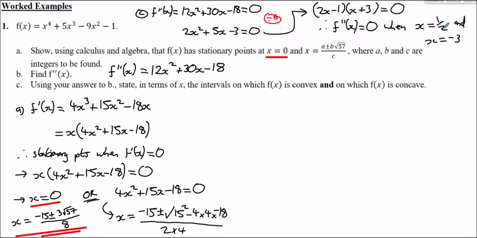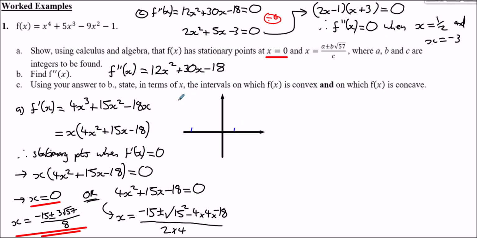So if now we imagine a graph of the second derivative for a second, the second derivative is this quadratic. It's 12x squared plus 30x minus 18. So if I just imagine a little graph of this second derivative now, then it's equal to 0 when x is a half or minus 3.